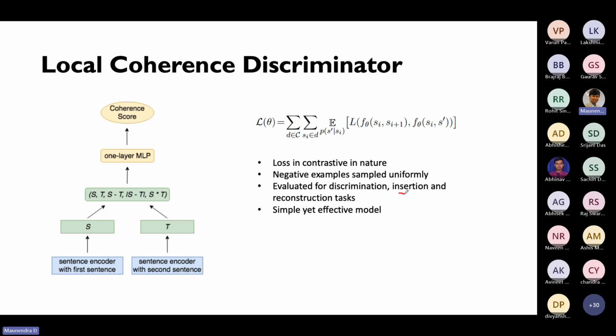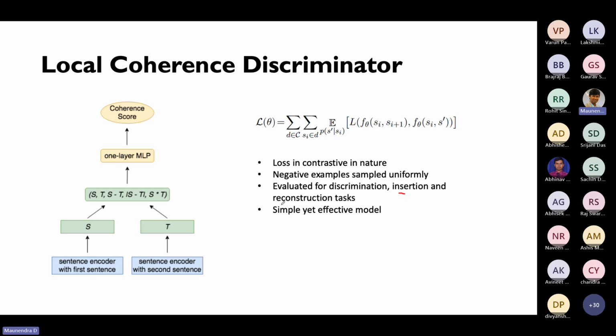Now your document has n-1 sentences, and suppose we denote it as S minus i, because sentence i is not there. Given this S minus i, you have to predict the place where sentence i should be inserted. So that prediction can be a task where the core network can be this.